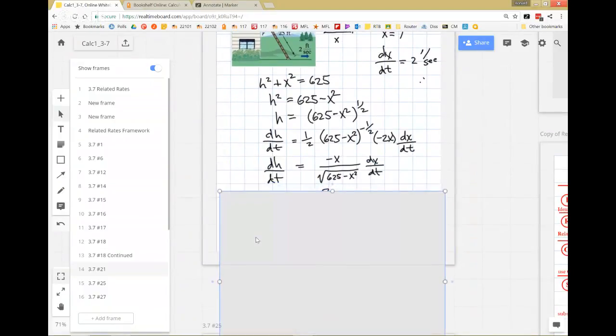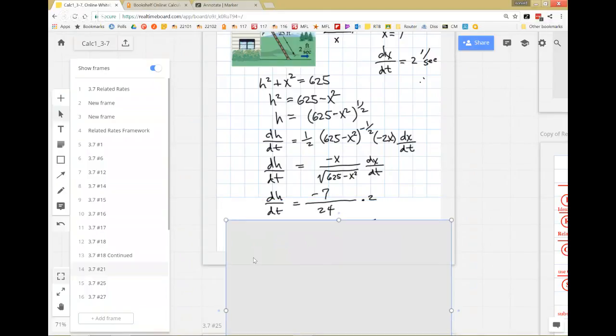All right, so I wrote that in root form. 625 minus x squared to the negative 1/2 is a square root on the bottom. The 1/2 and the negative 2 cancel, and you just have that negative x left.